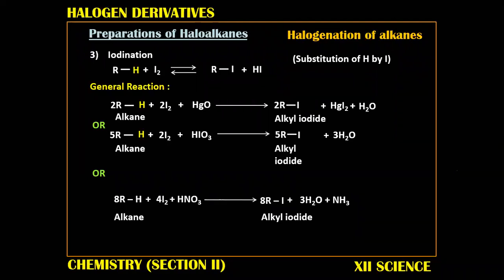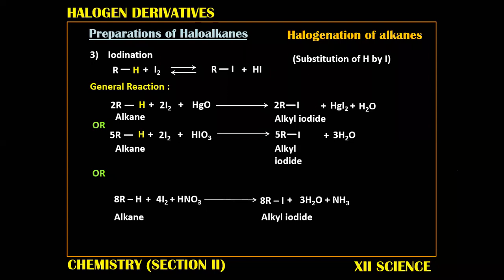So to stop backward reaction, we use HgO, HIO3 or HNO3. I'll repeat. So to prevent backward reaction, the reaction is carried out in presence of HgO, HIO3 or HNO3.